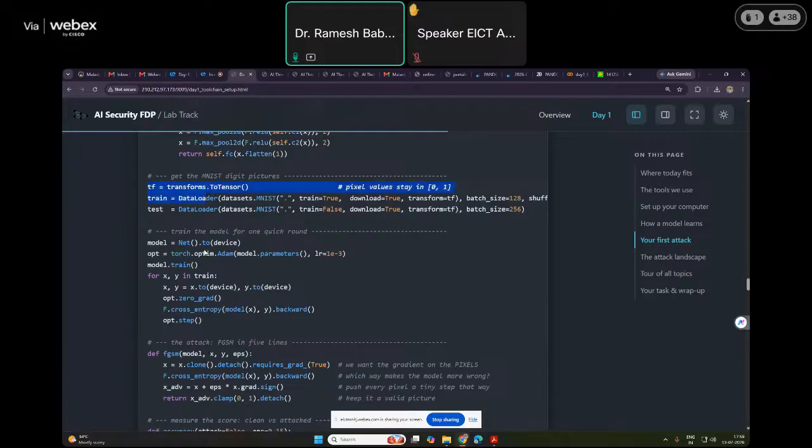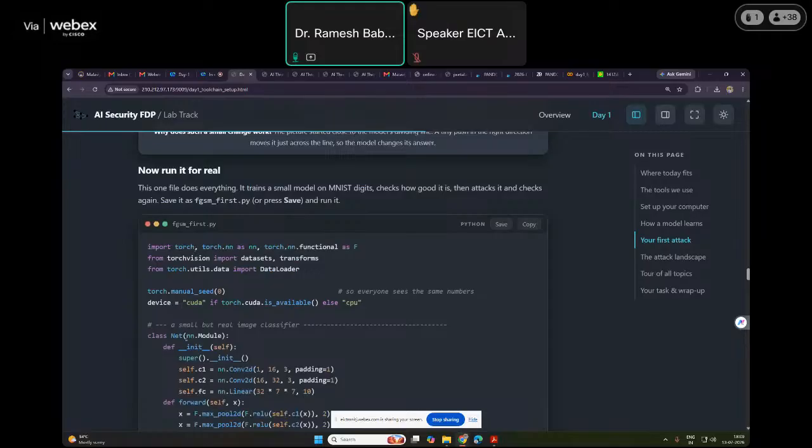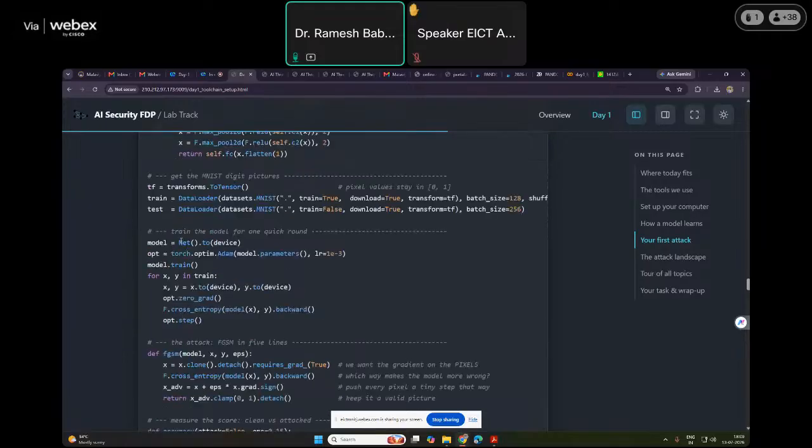Then the next component is the training loop, how training would be performed. Here you have initialized the model that we have made here, that is this one. Then we have defined the optimizer as Adam. You can select different types of optimizers here: Adam, AdamW, or other ones.